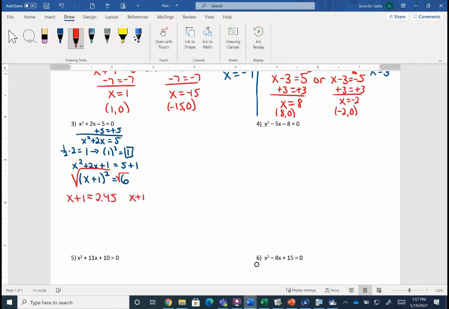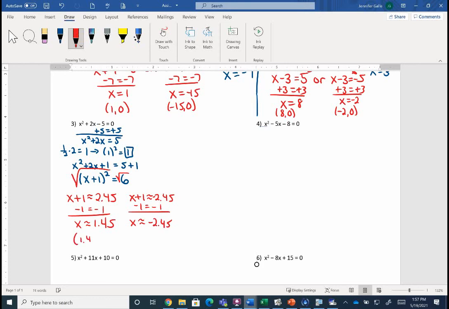And then x plus 1 is approximately negative 2.45. Subtract 1 from both sides. X is approximately 1.45. And then subtract 1 from the second case. X is approximately negative 2.45.